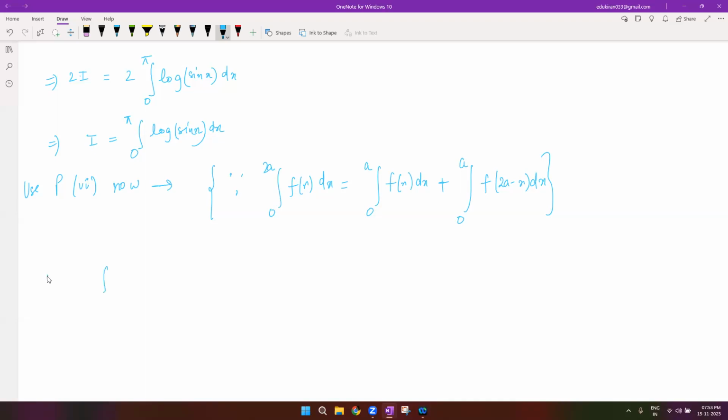I'm using the sixth property. I equals the integral from 0 to 2a, so this can be written as 2 into pi by 2, because this is pi right now.